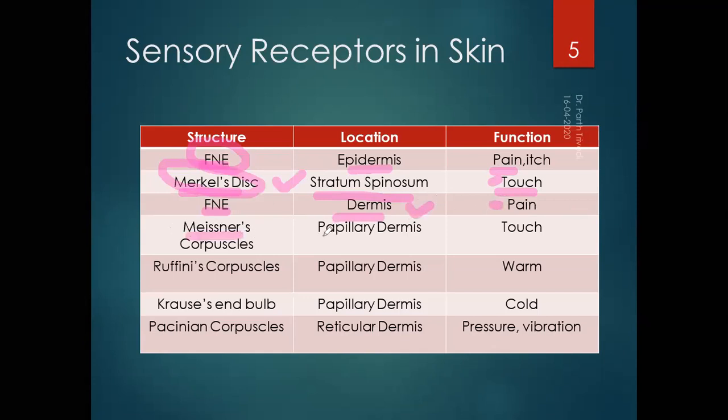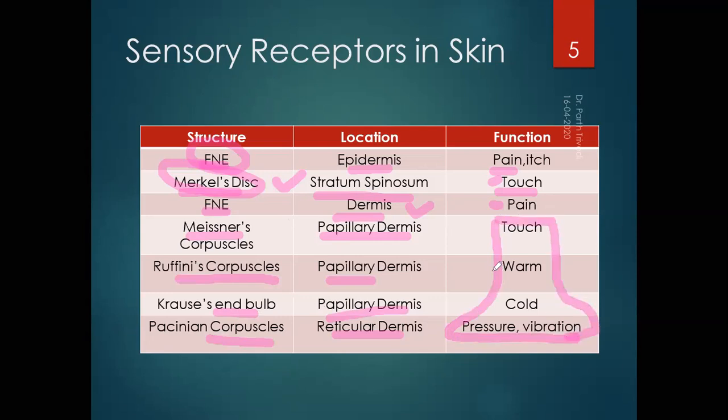Meissner's corpuscle, again papillary dermis and reticular dermis. So these are all your sensory structures. So based on those, we have these structures which are being involved. Clear about this? So this is the direct table from Susan Sullivan's Physical Rehabilitation book.